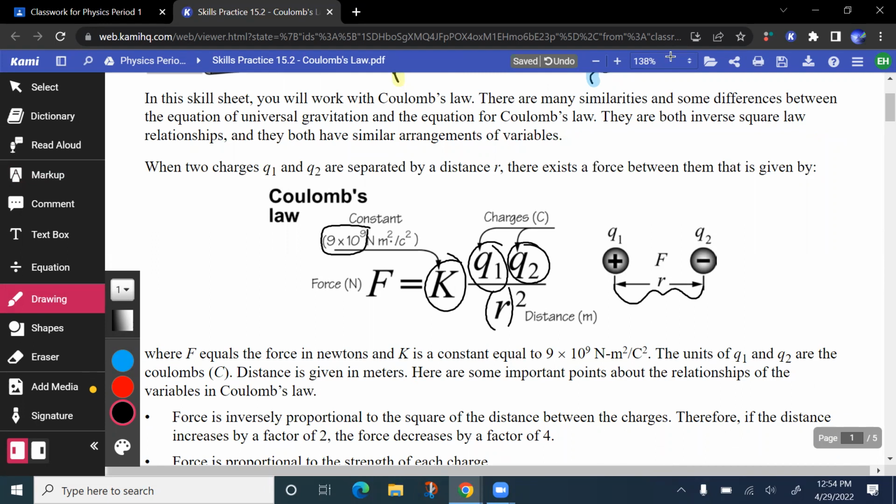Now, if you're not given actual charges or distances, but you're given how much the charge or distance increases or decreases, then you would use a proportional reasoning version of the equation. You would use a Coulomb's law proportion. So this is the Coulomb's law equation.